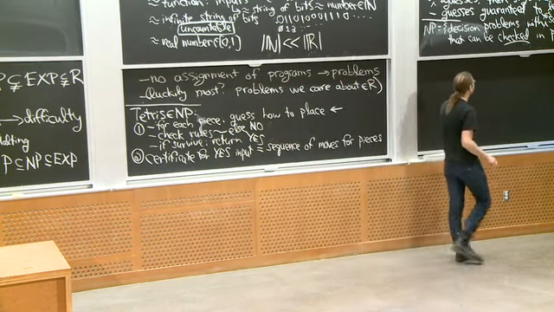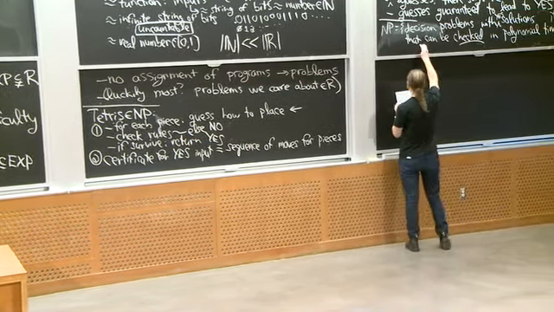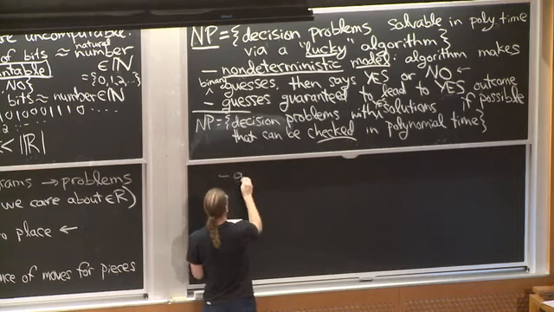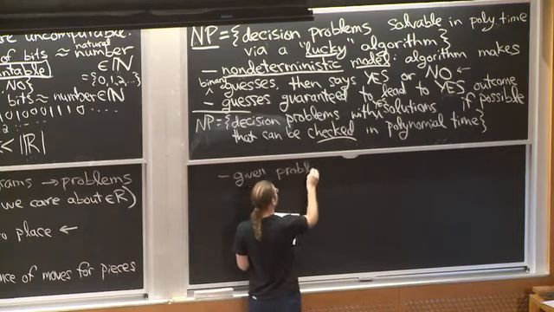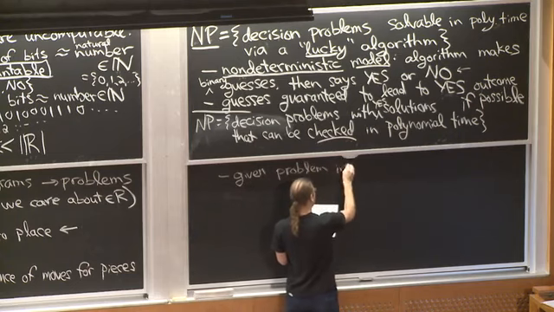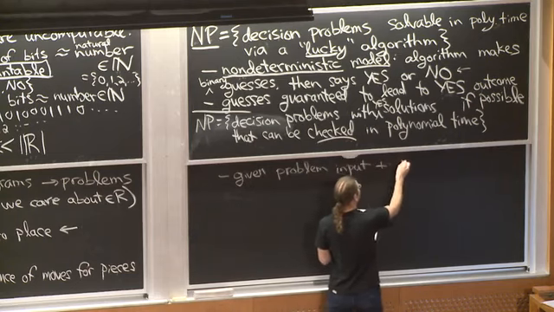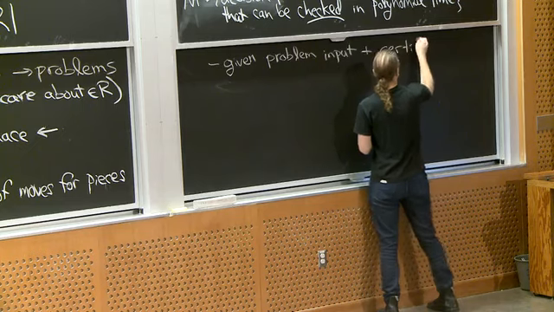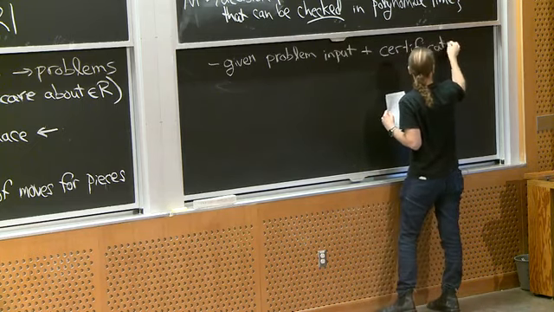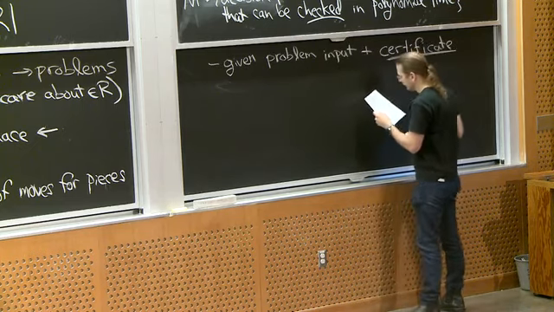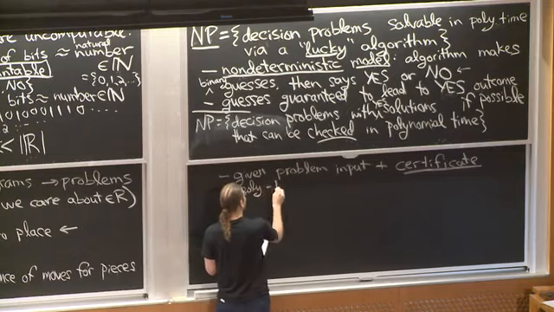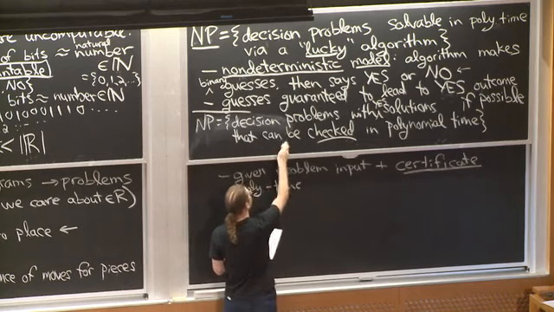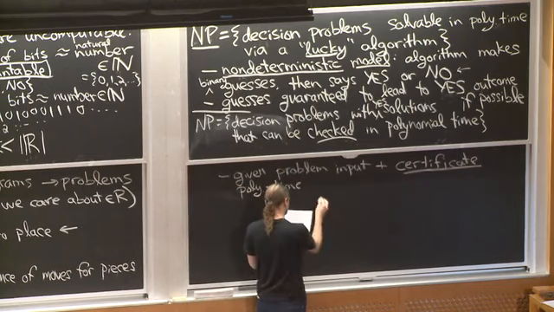That's what's called a verification algorithm. So let me formalize this notion. Given a problem input plus a certificate, like that one over there, there is a polynomial time verification algorithm. So this is yet another definition. This is what I mean by this definition of NP.